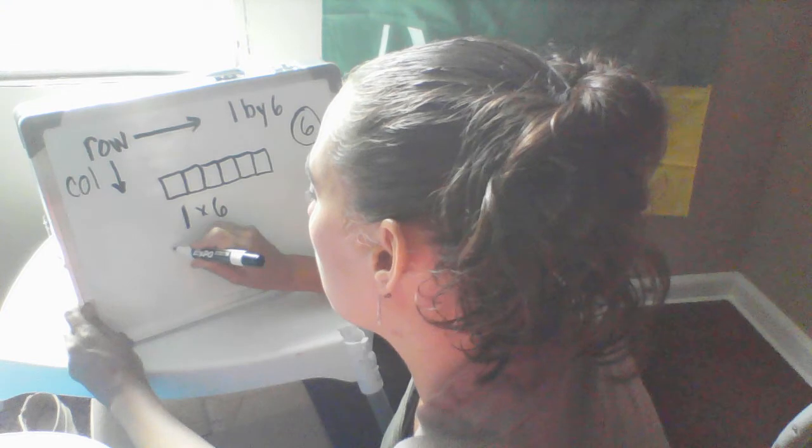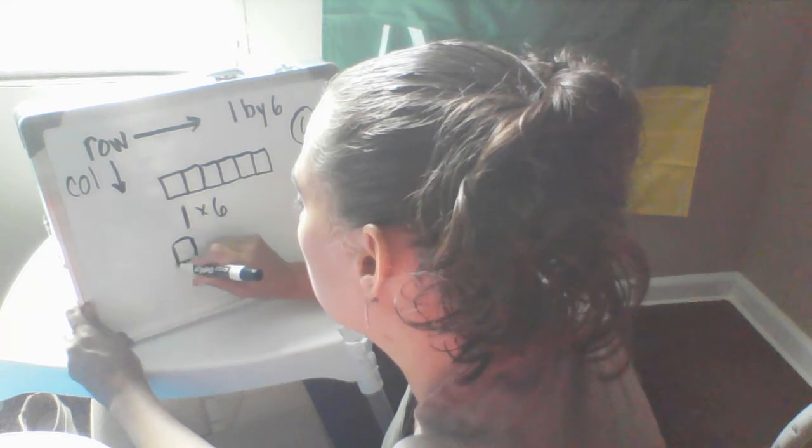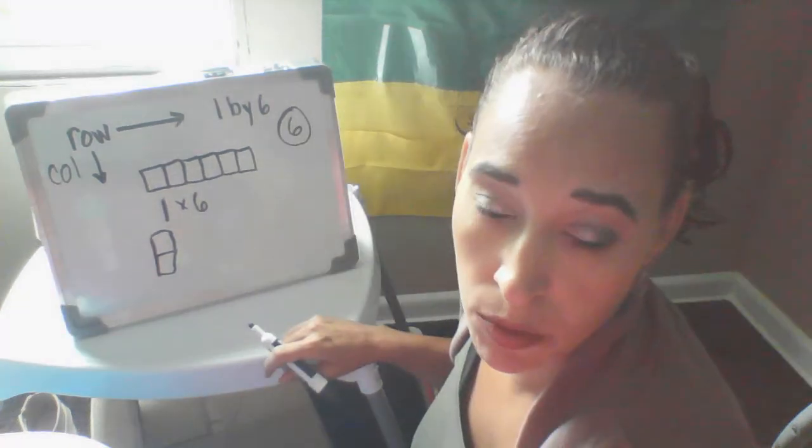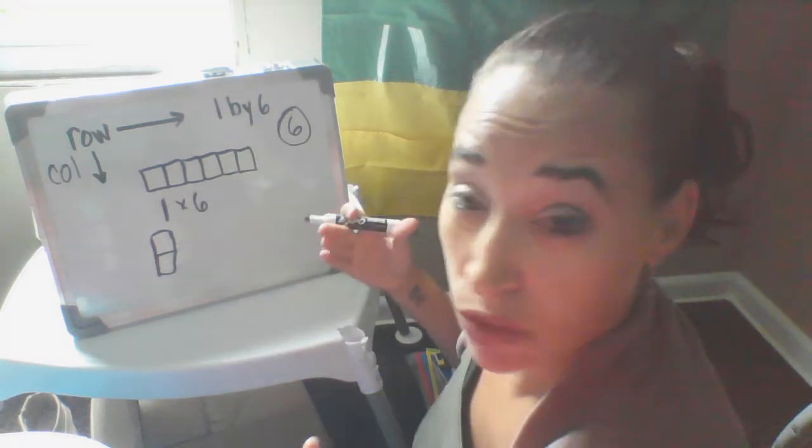So for 2 by 3, I can say 1 square, 2 squares. I'm an awful drawer, by the way. So 2, that's your column, by 3. Okay, so I'm saying 2 by 3.